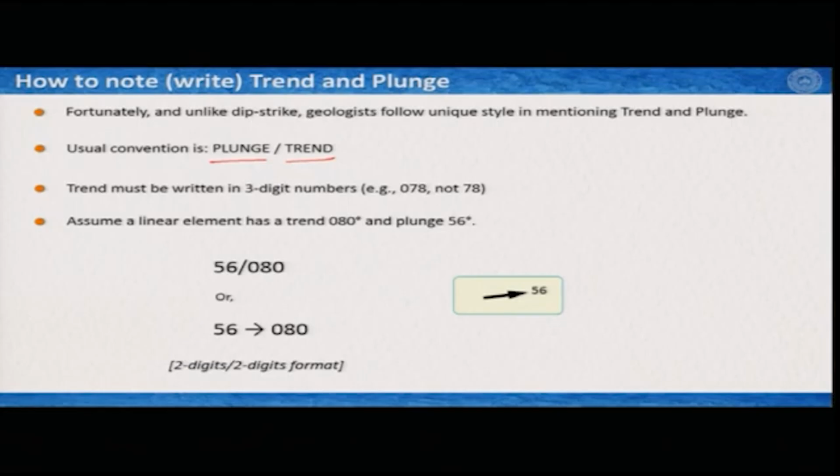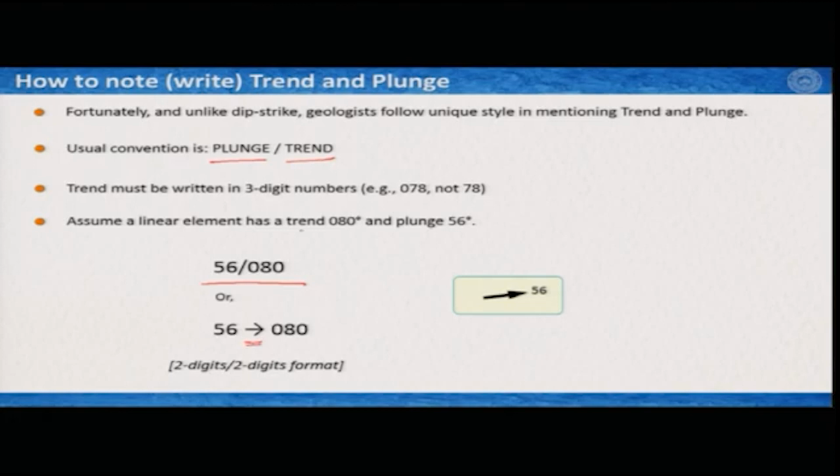And if we assume a linear element that has a trend of 080 degrees and it is plunging 56 degrees, that means it plunges 56 degrees towards 080 degrees, then you can write it in 2 different ways in your notebook after measurement in the field: 56/080 or 56 indicating an arrow towards 080.